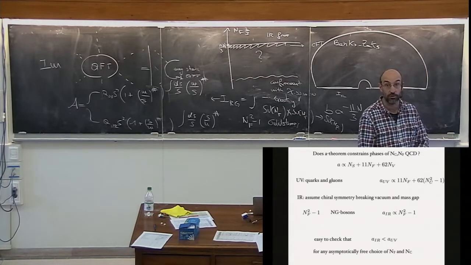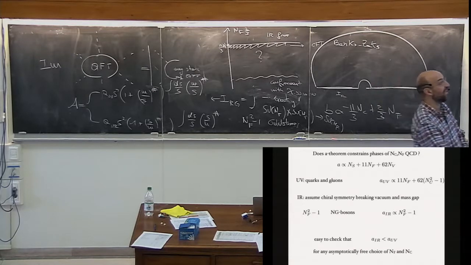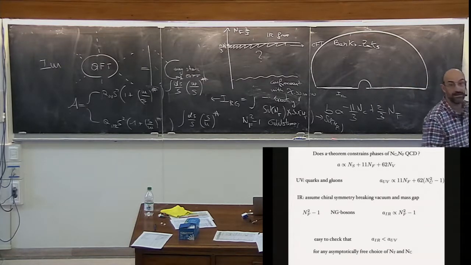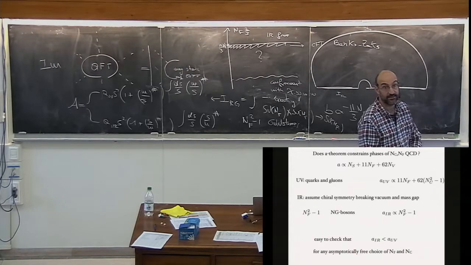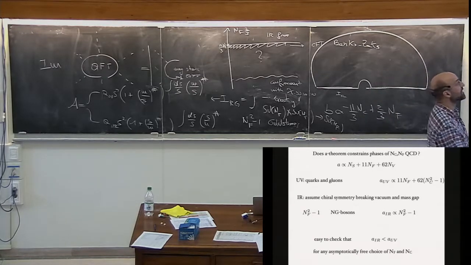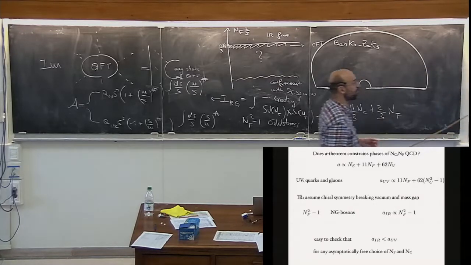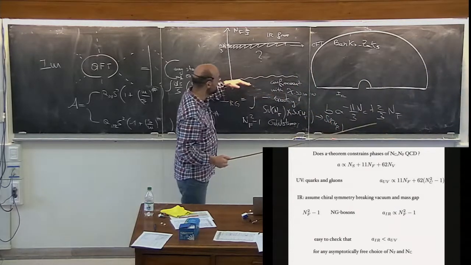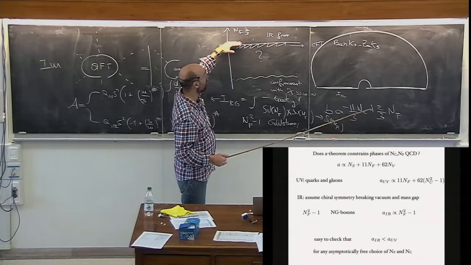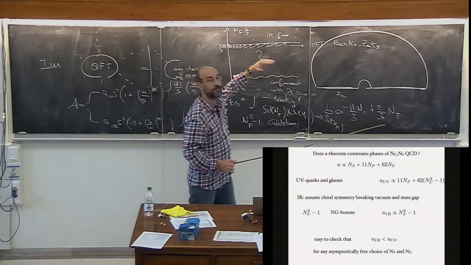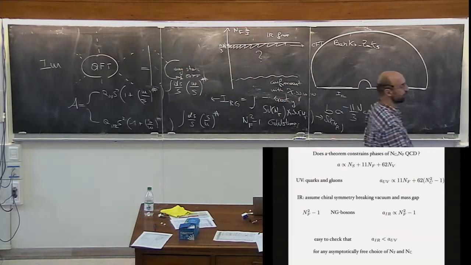It's like a gold coin. And scalars have value 1. And then you can check that, even from the point of view of A, even if the chiral symmetry breaking confining phase were going up to here, the condition A_IR less than A_UV would be satisfied.